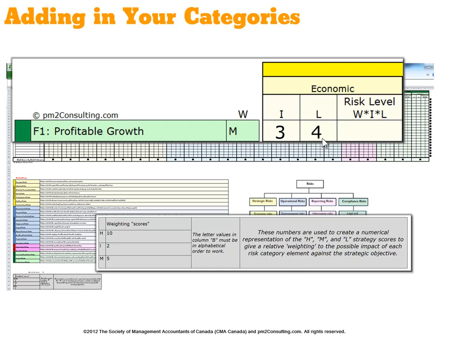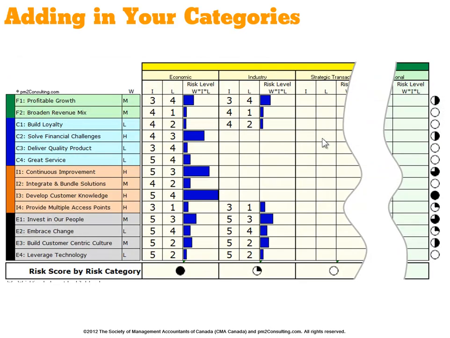The way the mathematics in the spreadsheet work is it takes a look at the medium and grabs that number 5, multiplies that by 3, multiplies that by 4, and then graphically represents what that looks like. So by the time we're done, we can sort of visibly see what these risks might look like by risk area. So that's what the spreadsheet does with those numbers. And we'll be going into more detail on how to use this in the next webinar.